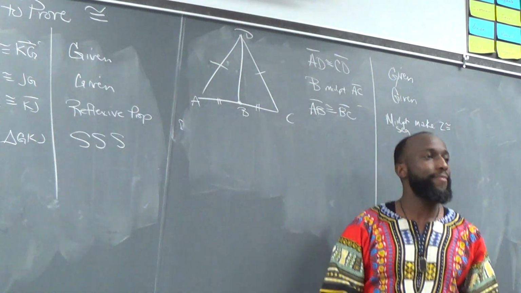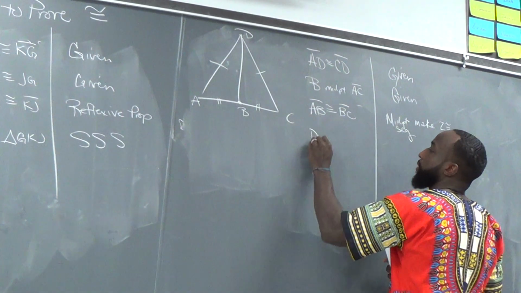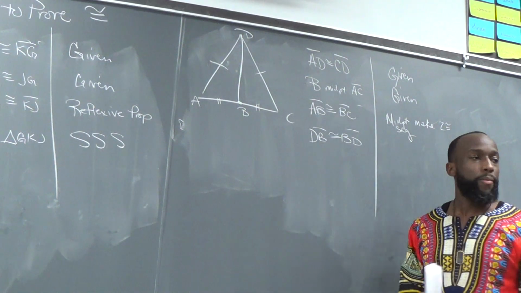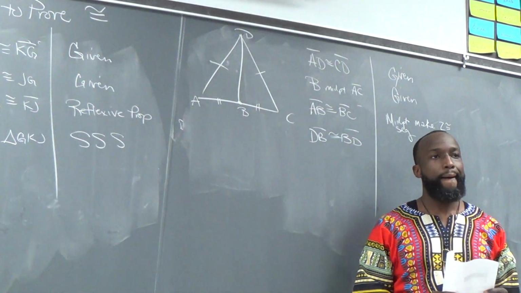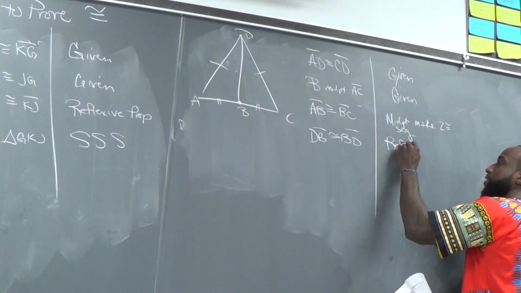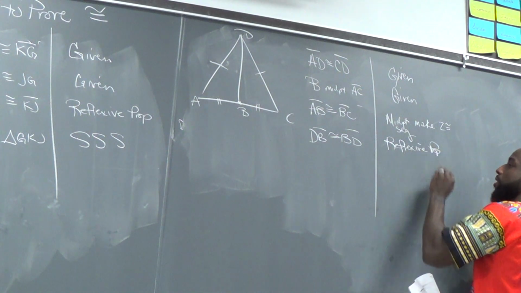What would we have? DB is congruent to DB. DB is congruent to BD, the same thing. That's the reflexive property.